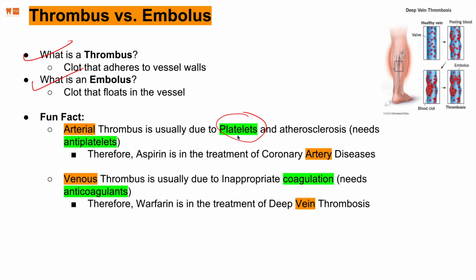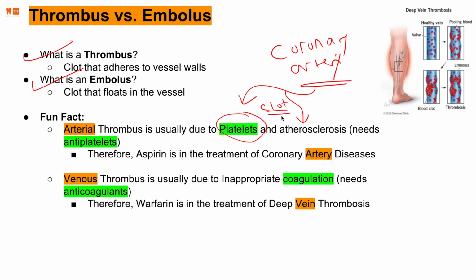Arterial, platelets, atherosclerosis. A coronary artery, arterial, remember? An artery that has a collection of platelets or atherosclerosis can form a clot, a thrombus. This is known as coronary artery disease, also known as IHD, ischemic heart disease.